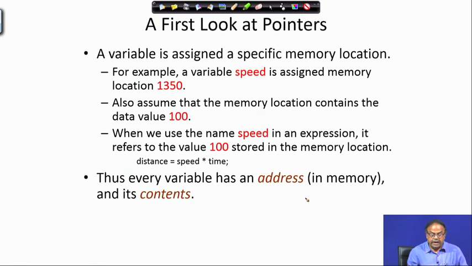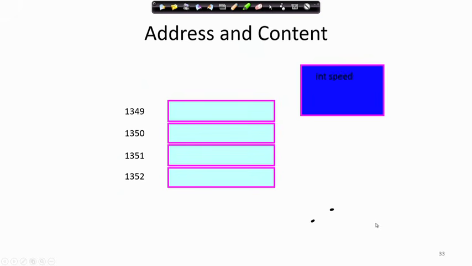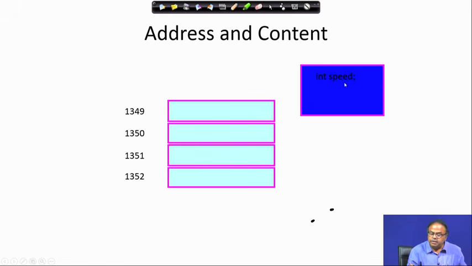Every variable has an address and its contents. So, we have seen a is a variable, a has got an address 1350, and when I write 25 into that, 25 is the content. Okay. So, address and content we had discussed earlier also, but you see here, integer speed, I think you can read it.